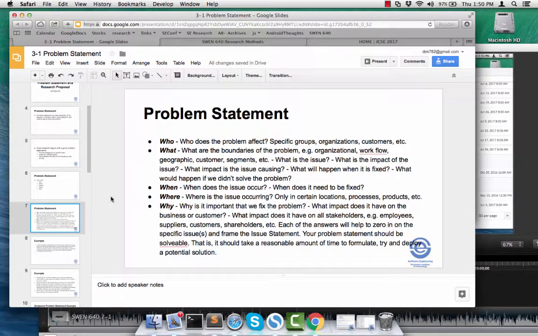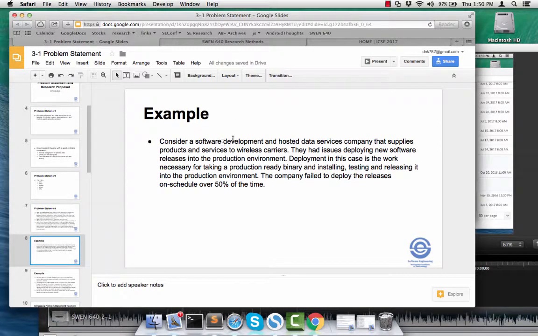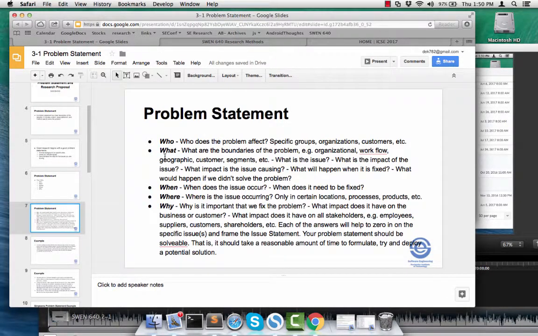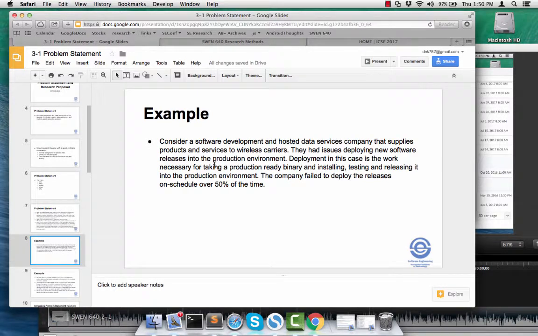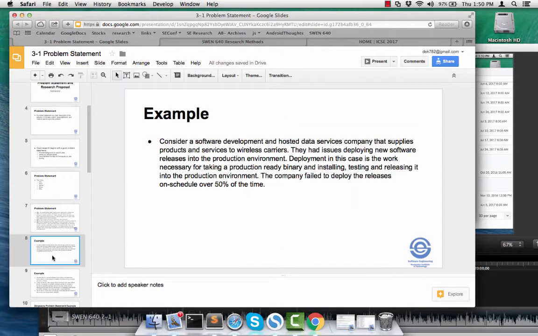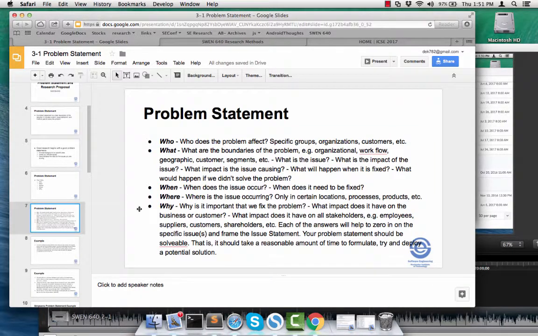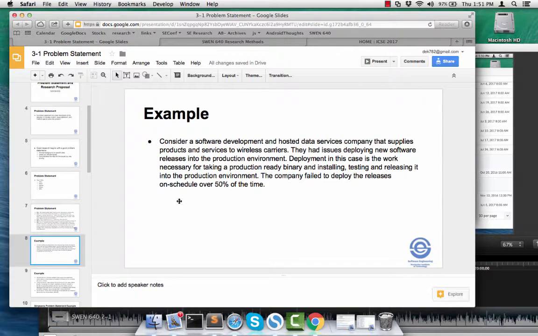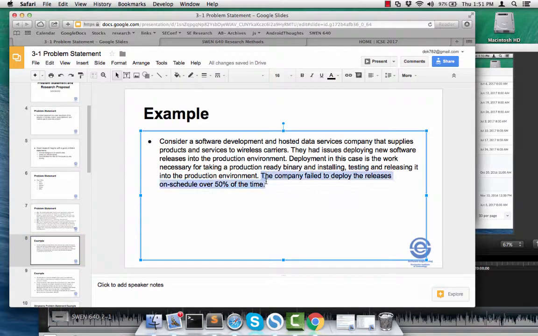So this statement includes the who, what, where, when, and why. Who is the software development hosting company. For the what, they've had issues deploying the new software into their production environment. And that also leads into the where statement. Why is it important?